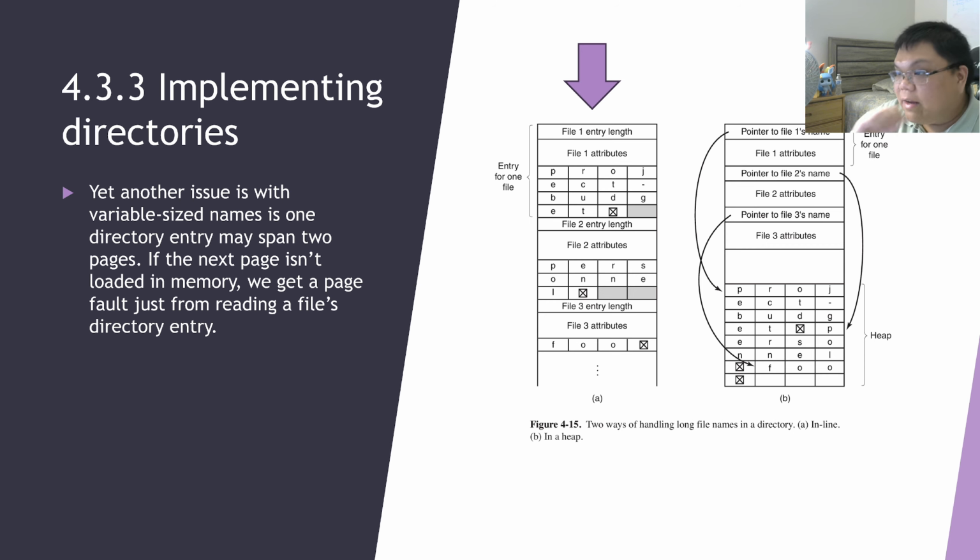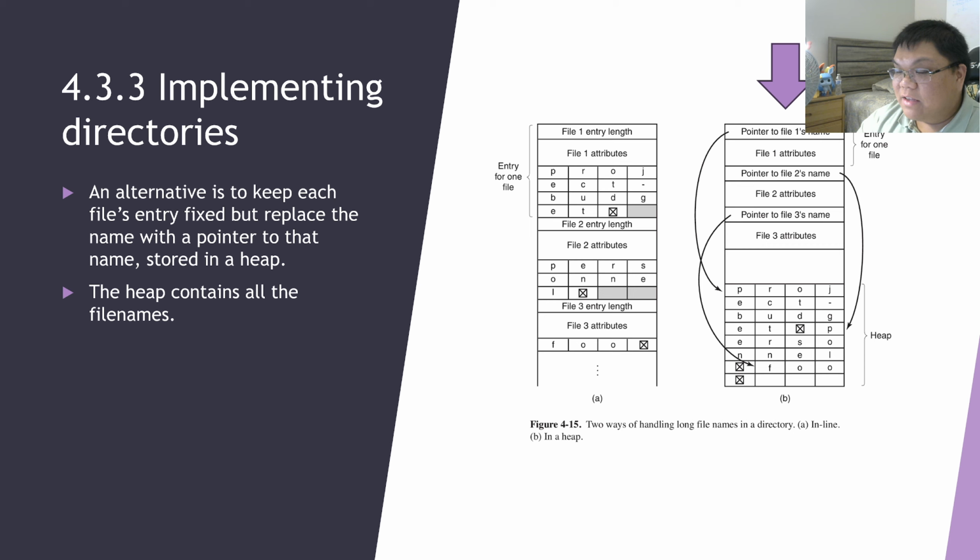This also resolves another issue: if we have directory entries that are as large as they need to be, it's possible that a directory entry for a file could span 2 pages, so you can have a page fault just trying to access a file.